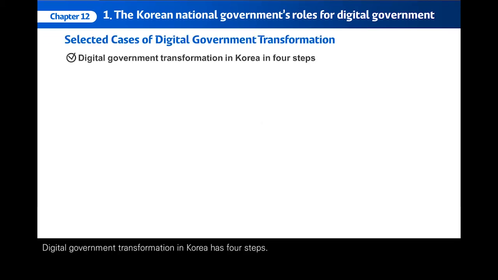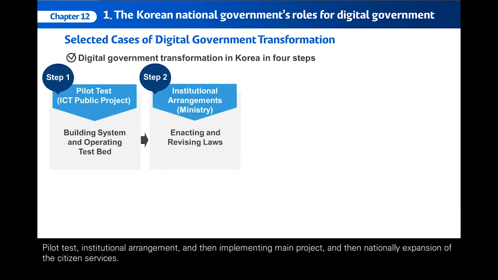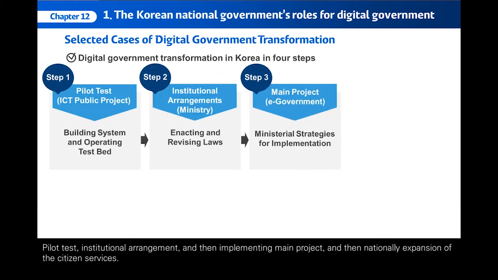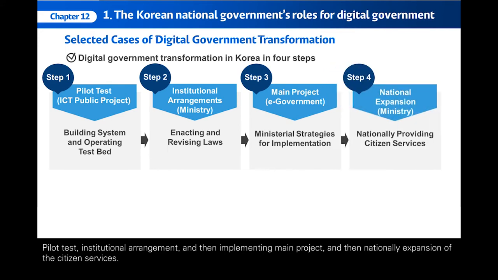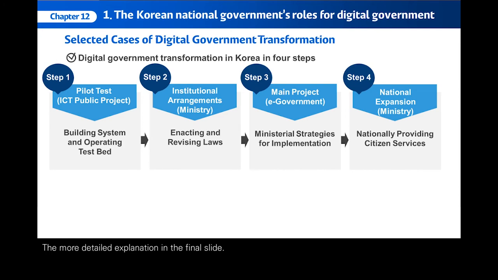Digital government transformation in Korea has 4 steps: pilot test, institutional arrangements, implementing the main project, and then national expansion of the citizen services. The more detailed explanation is in the final slide. Step 1, implementing a pilot test as an ICT public project.